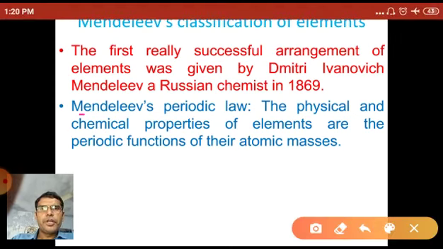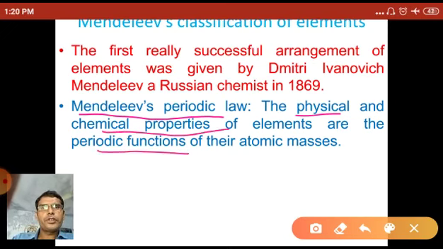So what is the Mendeleev periodic law? The physical and chemical properties of elements are the periodic function of their atomic masses.